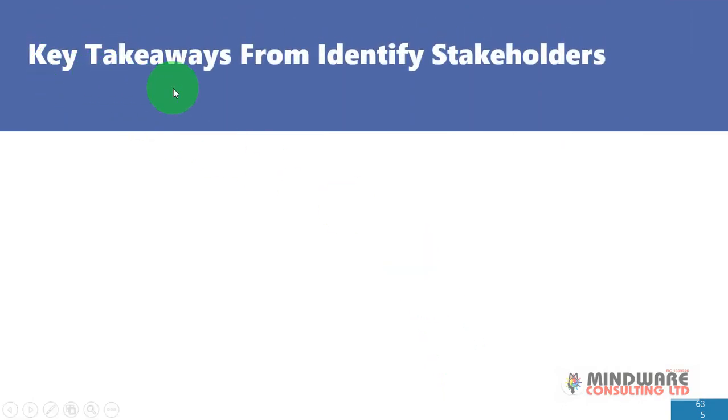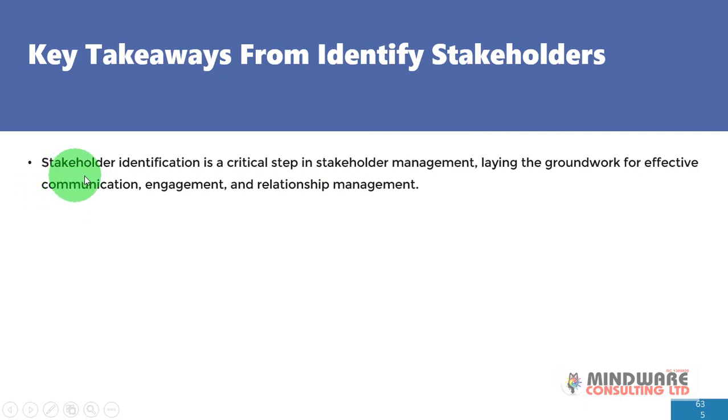All right, so what are the key takeaways from this process, the identify stakeholder process? Firstly, stakeholder identification is a critical step in stakeholder management. It lays the groundwork for effective communication, engagement, and relationship management.